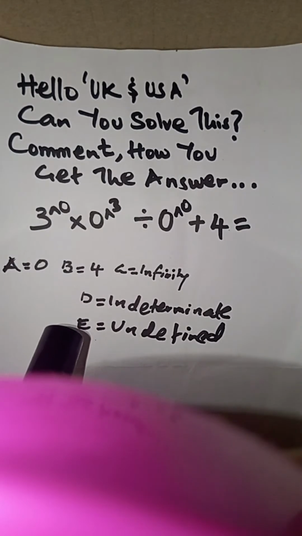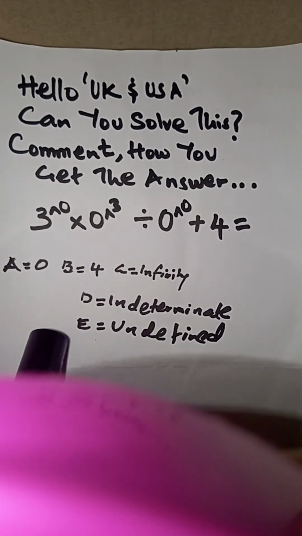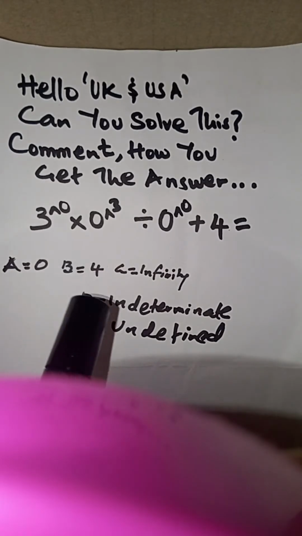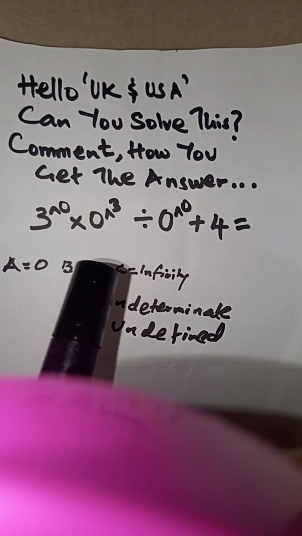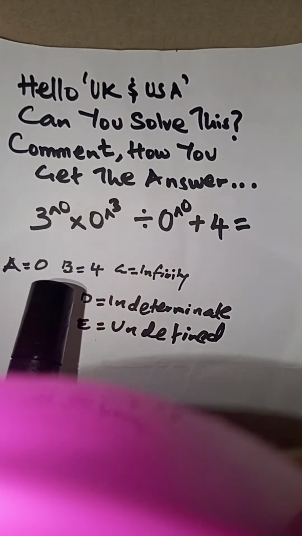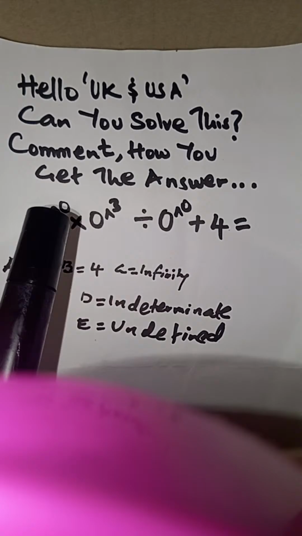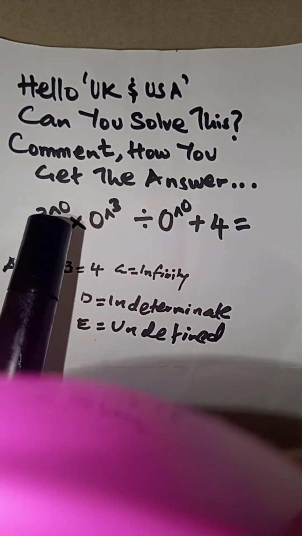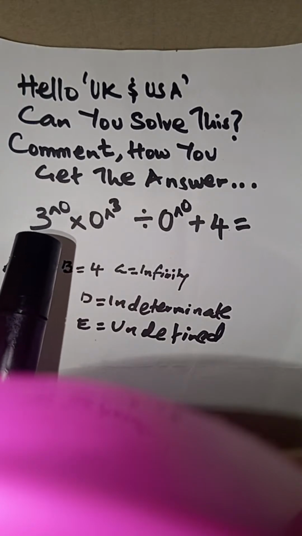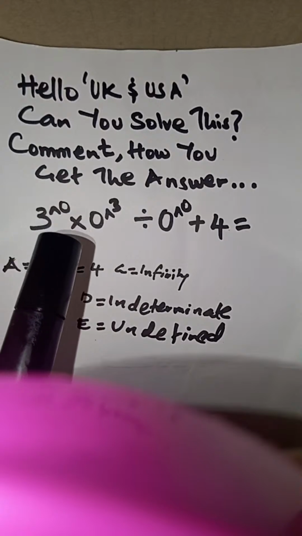So Borsus has done it step by step. Let us see that 3 to the power 0 is 1.